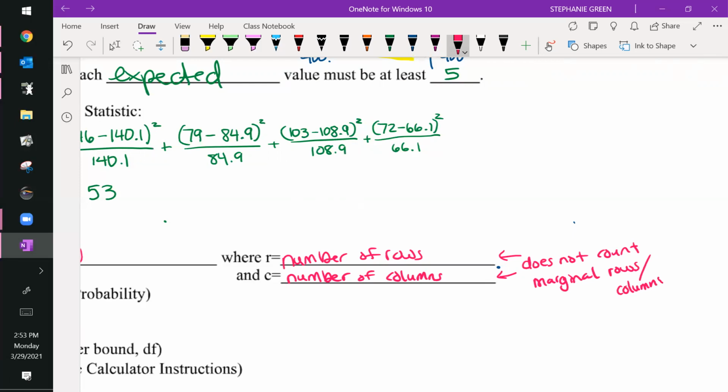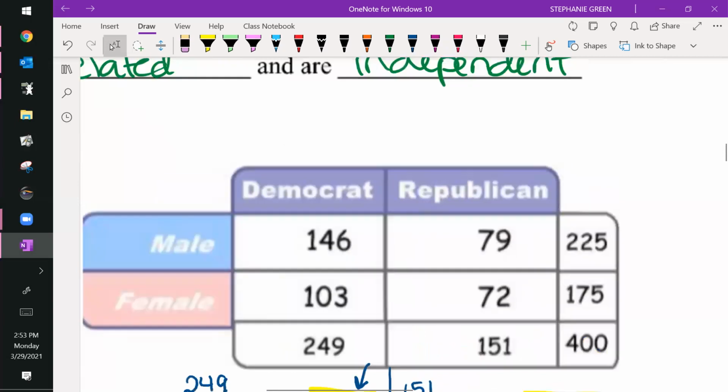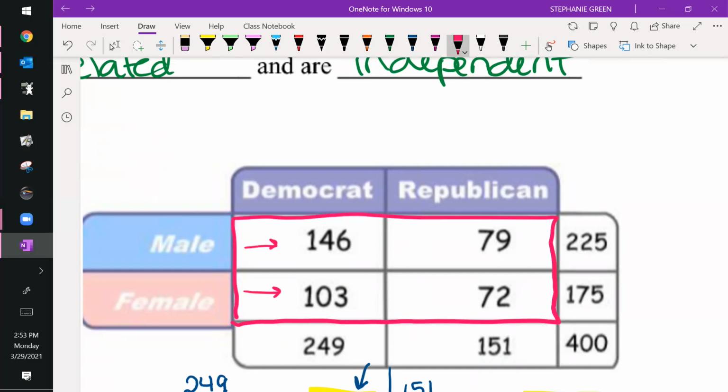I say that because when you look at this table above, it looks like it's 3 by 3, but we are not counting the marginal or the totals in our number of rows and columns. The total number of rows we have is 1, 2, and the total number of columns we have is also 2. We do not count the total row and the total column.